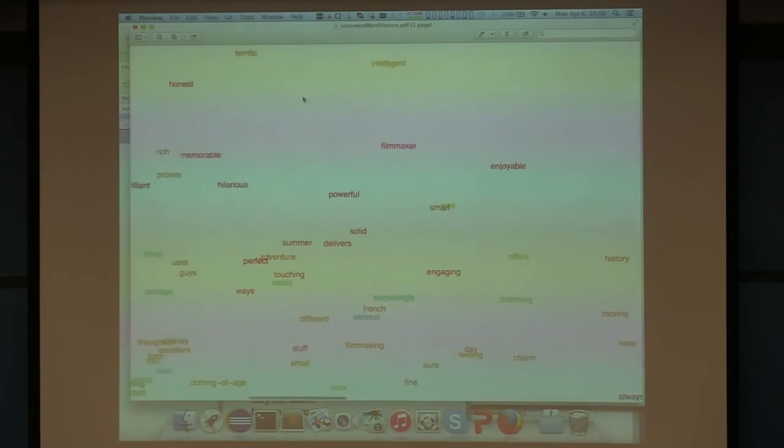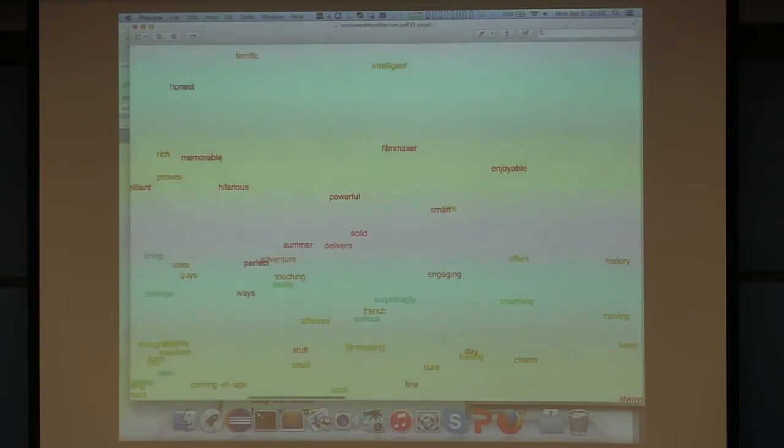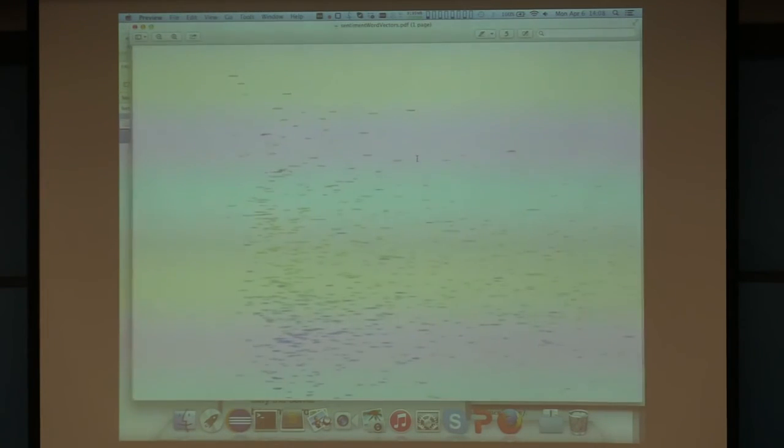As we move higher up here, we see much more positive terms: filmmaker, powerful, engaging, solid, hilarious, memorable, honest, terrific, intelligent, and so on. So this is what happens when you train word vectors on a different subtask that isn't the general co-occurrence prediction. And that's exactly the problem.